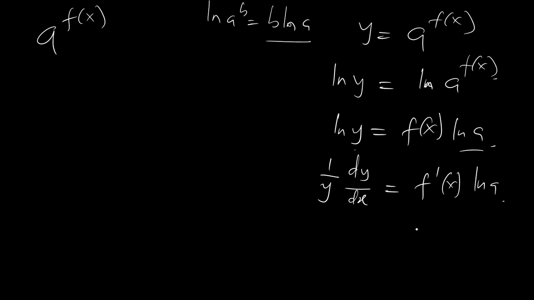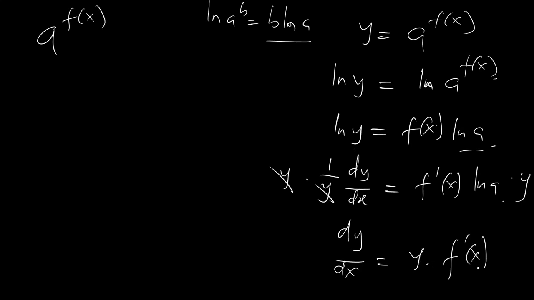So now the expression will be dy over dx is equal to, if you multiply both sides by y, this y will cancel out, and you have dy/dx equals y times f prime of x ln a.